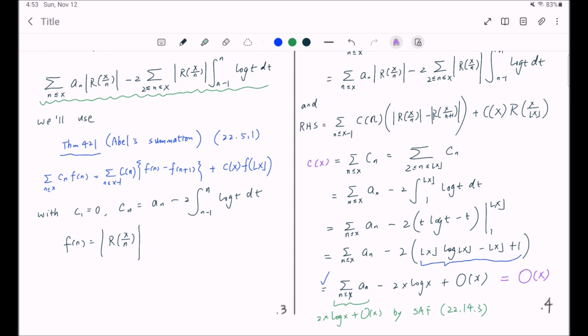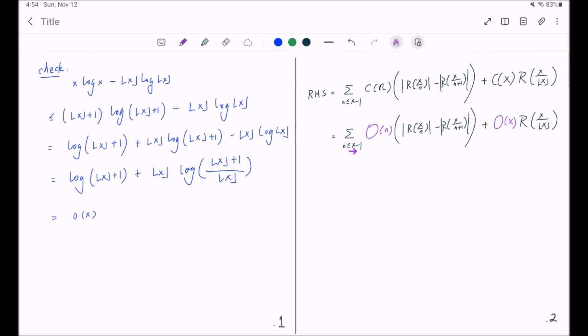The c of n will become big O of n. For the sum, we take everything into big O notation. However, the function in the parentheses of big O must be a non-negative function. So we are not supposed to use a parenthesis, but absolute value here.